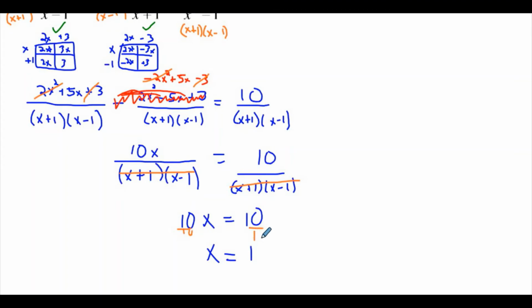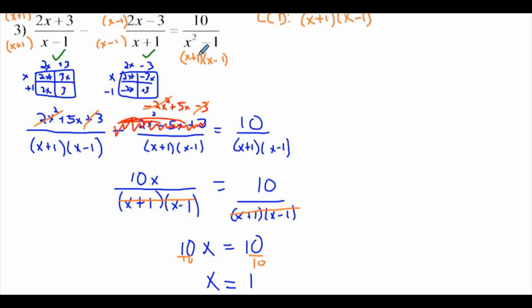But now is where the domain restriction really is important. I want you to think about this just for a second, and this is why we leave these denominators factored out. My domain restriction on this problem is that x can never equal -1 or 1.